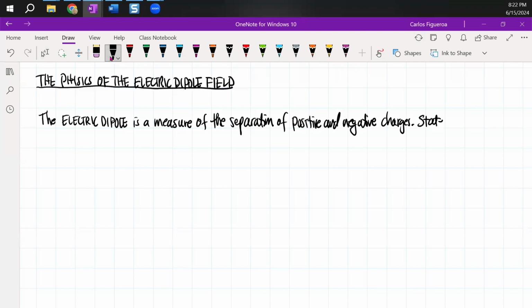Stated differently, it's the system's overall polarity.